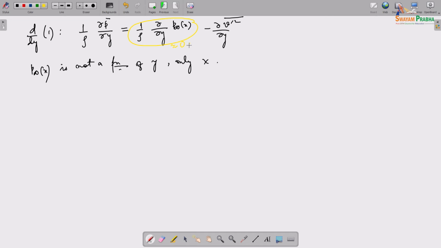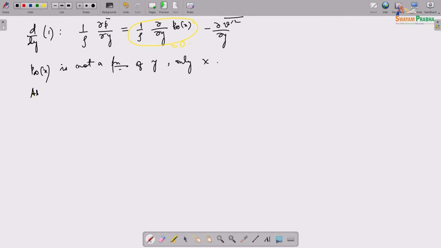So that term goes to 0, and we are left with this. Now, when we are slightly far away from the jet, turbulence is negligible, and then V dash square bar is going to be 0. So the second term is also 0.